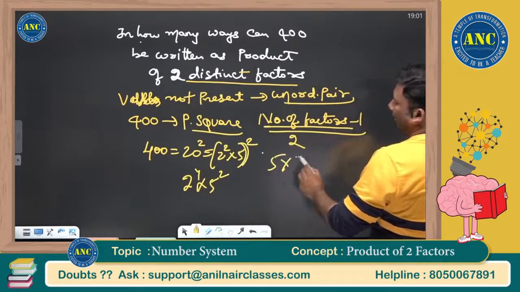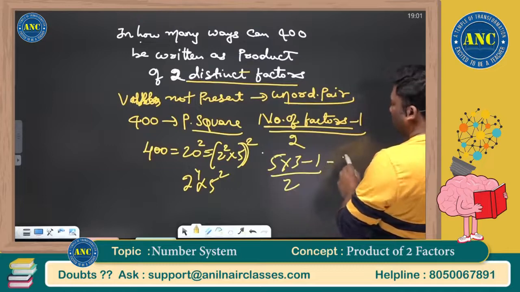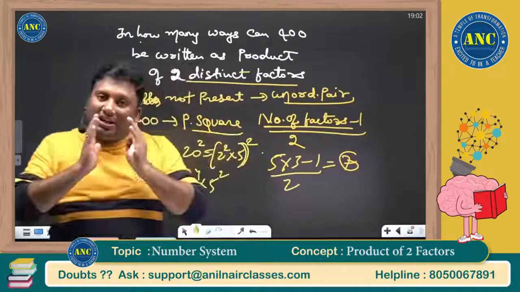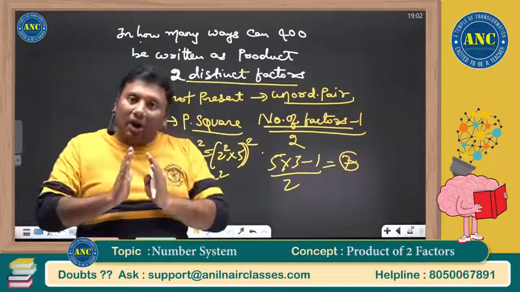Factors will be 5 into 3 minus 1 by 2. Answer is 7. I hope you got the clarity on what is an ordered pair and what is an unordered pair.